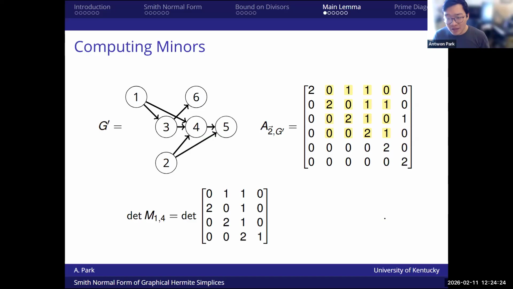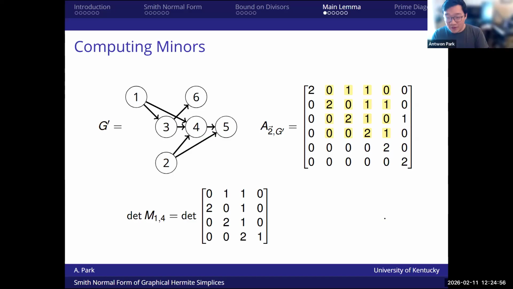So I'm calling this submatrix M sub 1 comma 4. 1 is where I am starting, and I need to go 4 numbers out to hit the end vertex that I'm trying to get to. And the way you take this submatrix is you remove column 1 and remove row 5 and take the submatrix that fits into that corner.